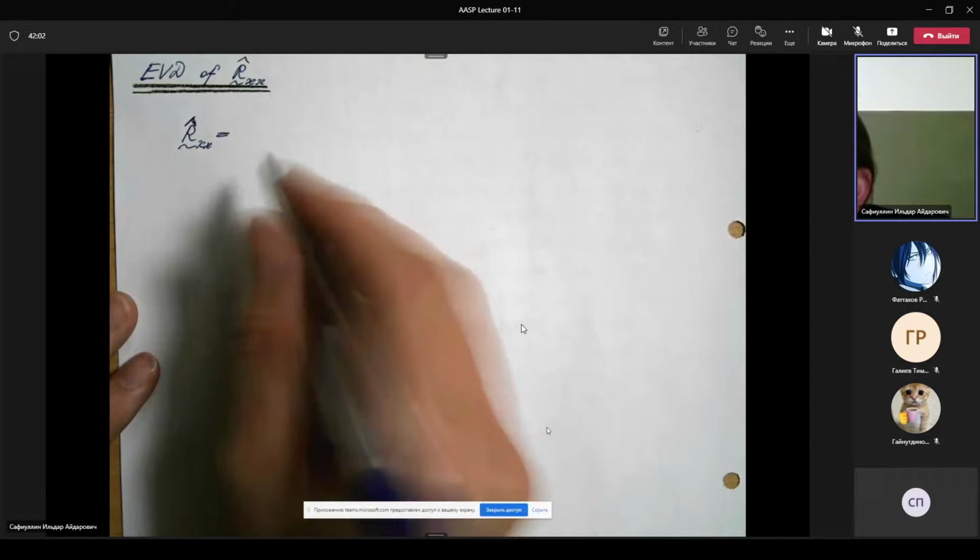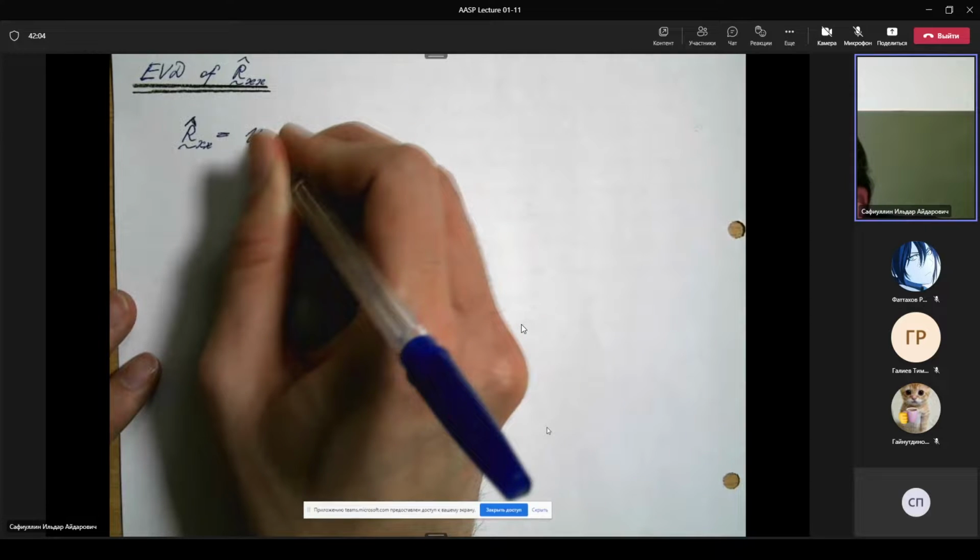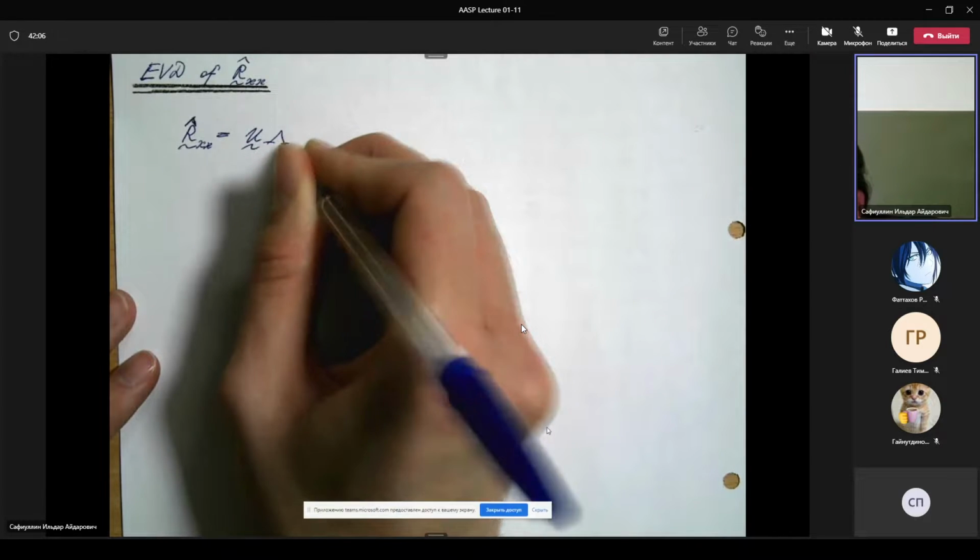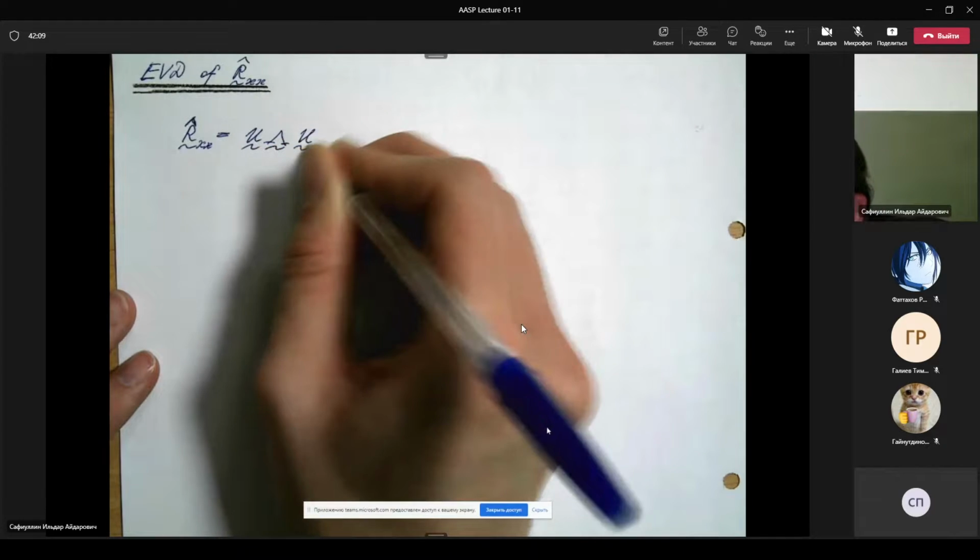So it is our eigenvalue decomposition, U times lambda times U Hermitian.